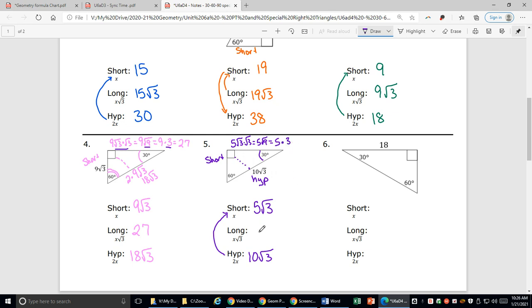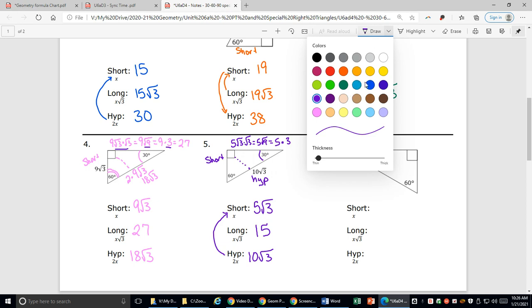So that's going to be 5 times 3, which is just 15, and I no longer have a square root because it went away when I took the square root of 9. So I've got 5 square root of 3, 15, 10 square root of 3. So let's see if we can use a pattern to figure out our final question here on this row.